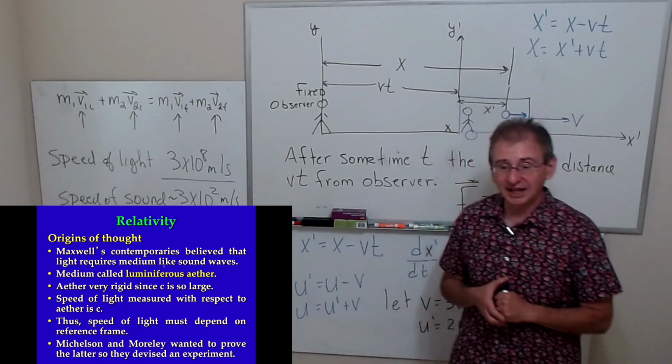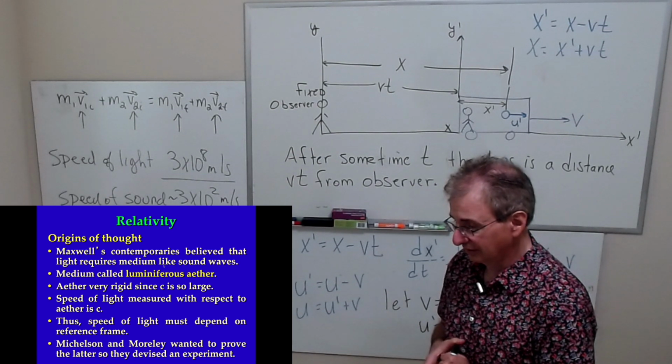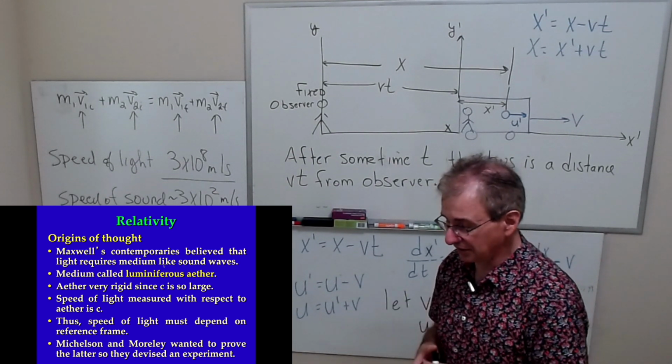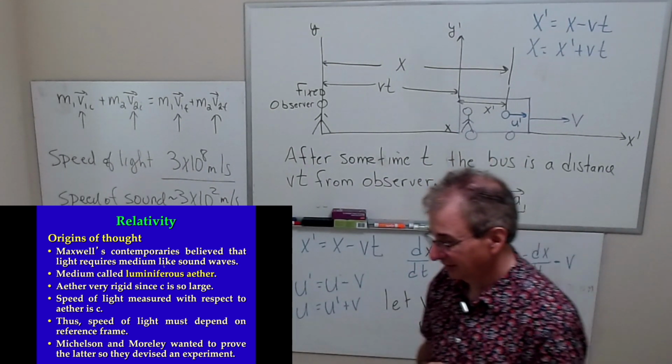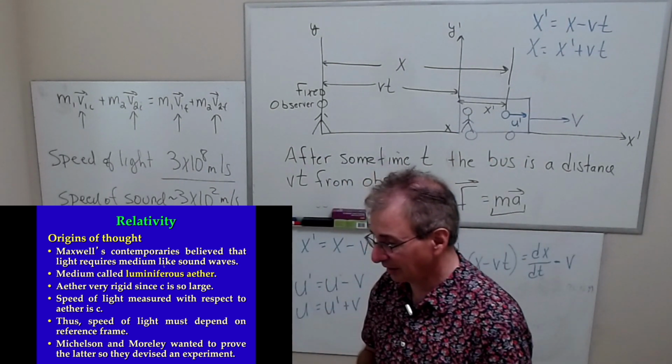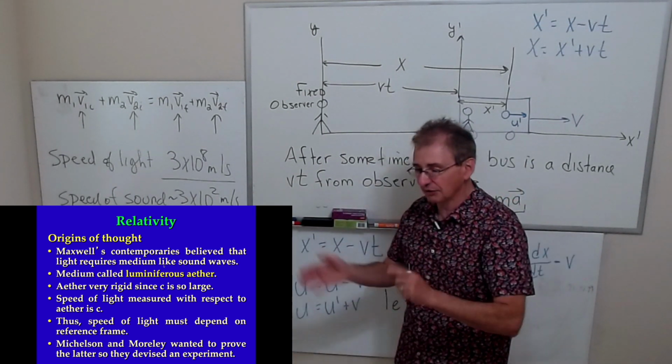And no matter what they tried with this device, and it's an ingenious device, and it's simple, they got no result. They weren't able to measure a change in the speed of light, no matter how they did the experiment.